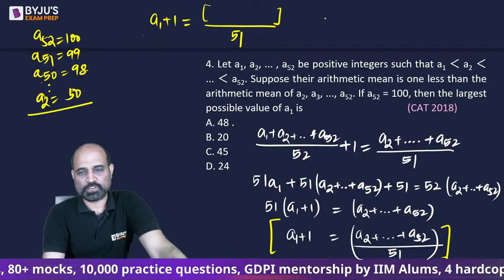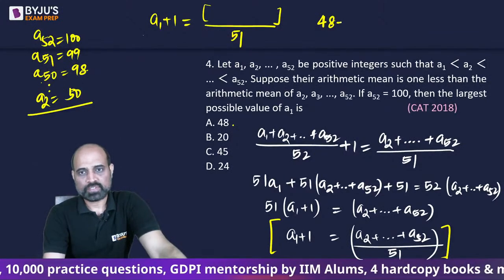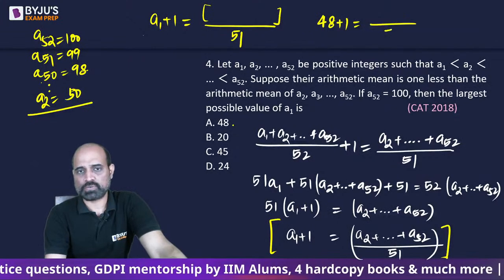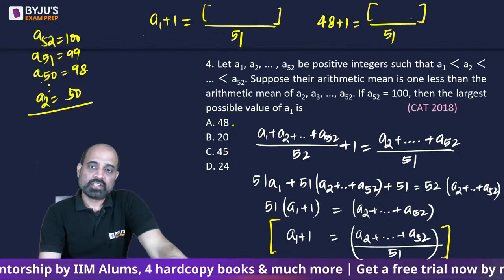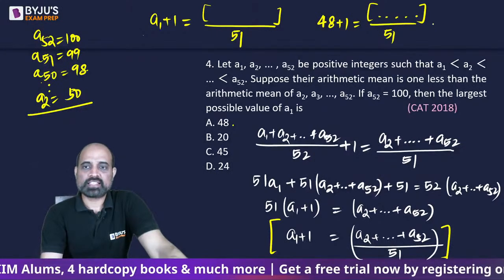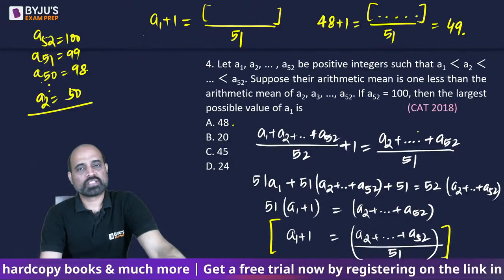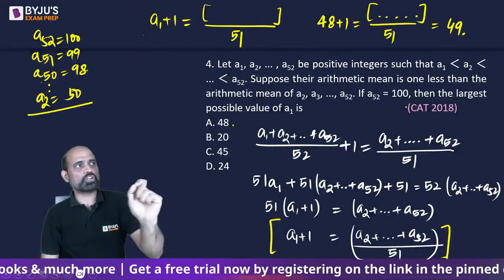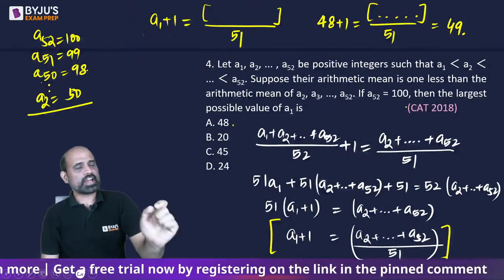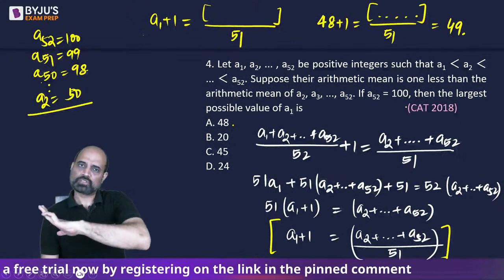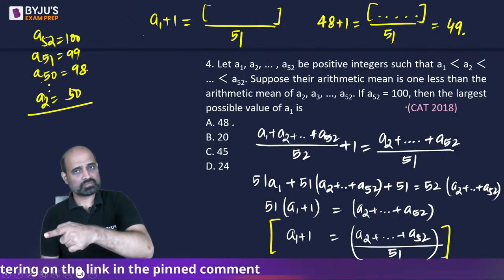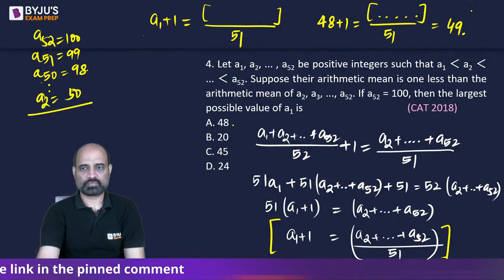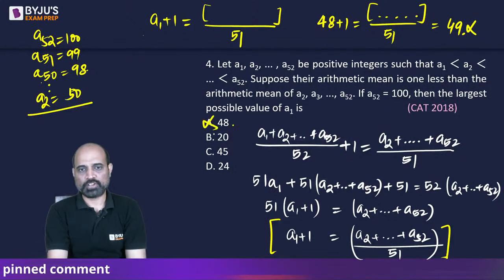Suppose A1 is 48. So 48 plus 1 is equal to, the sum should be such that their average is 49. क्या ये possible है that the smallest of the numbers is 48 and the average of the remaining numbers is 49? Is it possible? No. So 48 will not make sense.